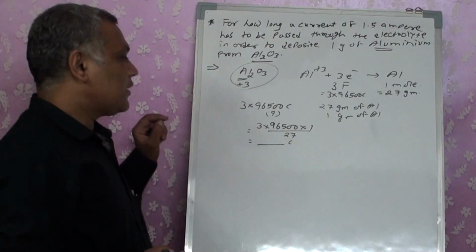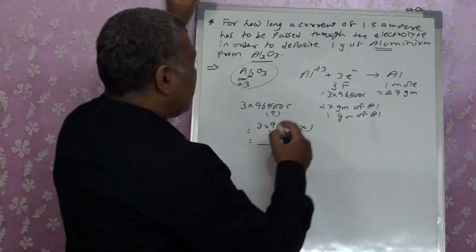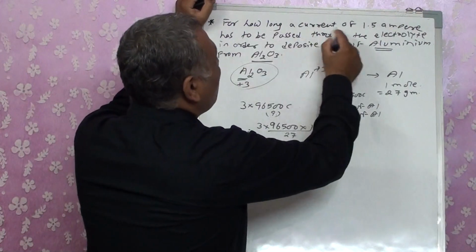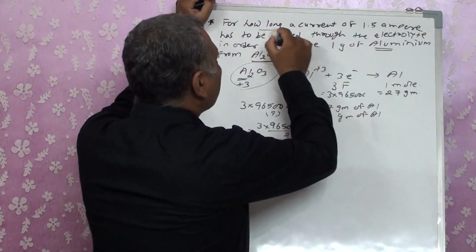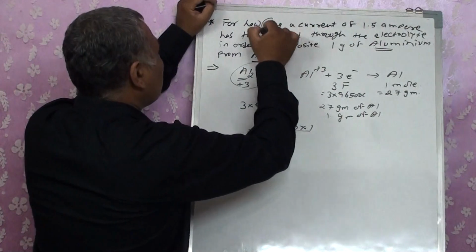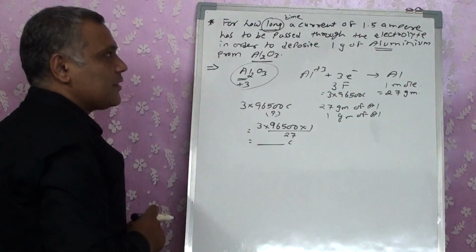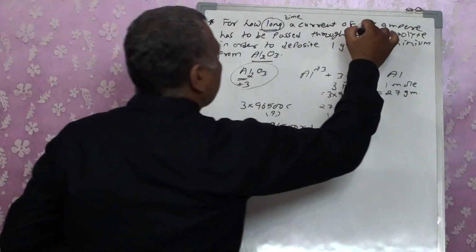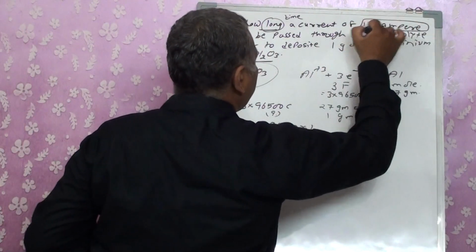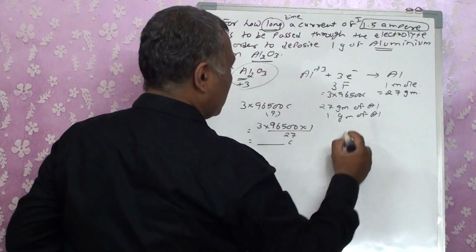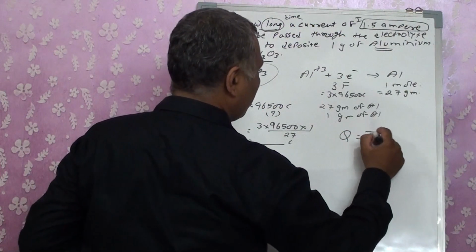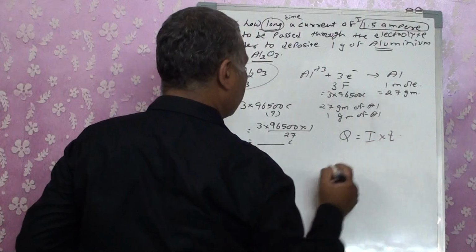Right? Now once I have it in coulombs, the second stage is how much current, how long. That means it is asking me time, which I will be measuring in seconds. Current in ampere is given to me as I. So can I go for Q equals I into T?